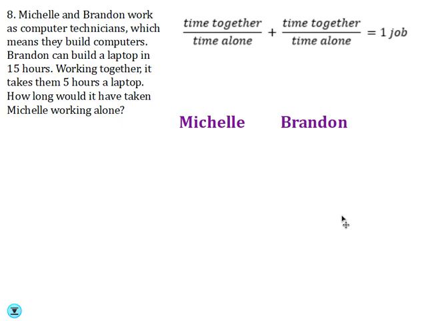So let's look at the two of these guys together. Michelle and Brandon work as computer technicians, which means they build computers. Brandon can build a laptop in 15 hours. So that is by himself, so his time alone is 15 hours.